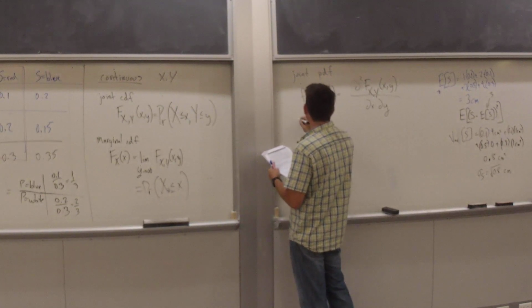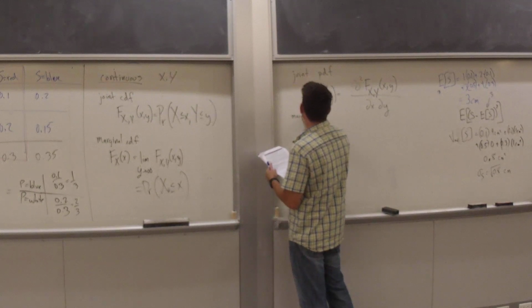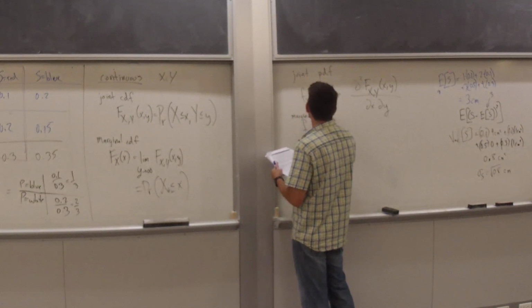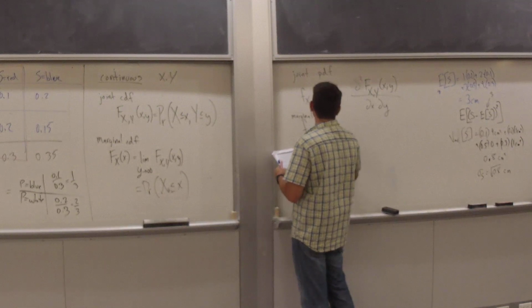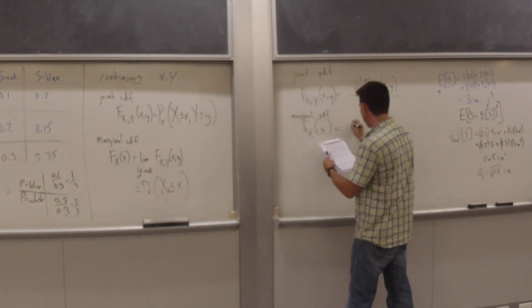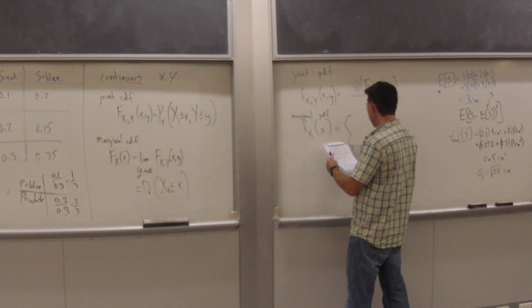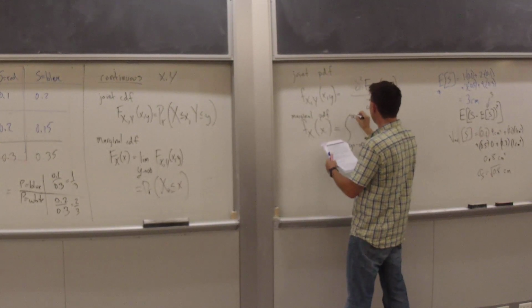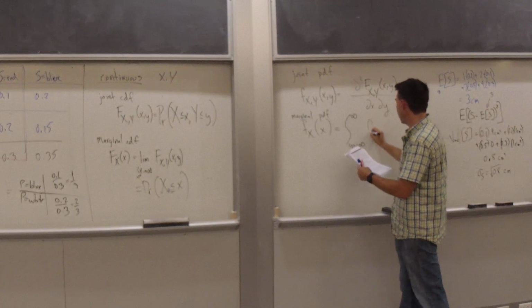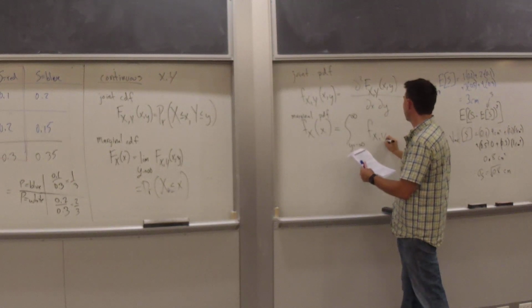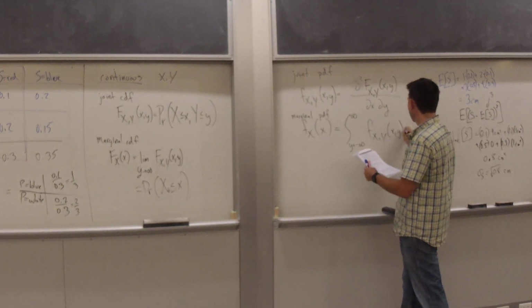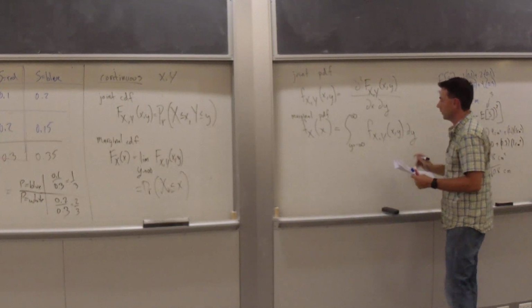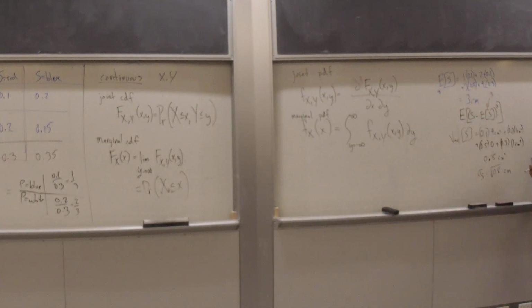Now I can say that the marginal PDF is going to be the integral from y equals negative infinity to infinity of f of x, y.